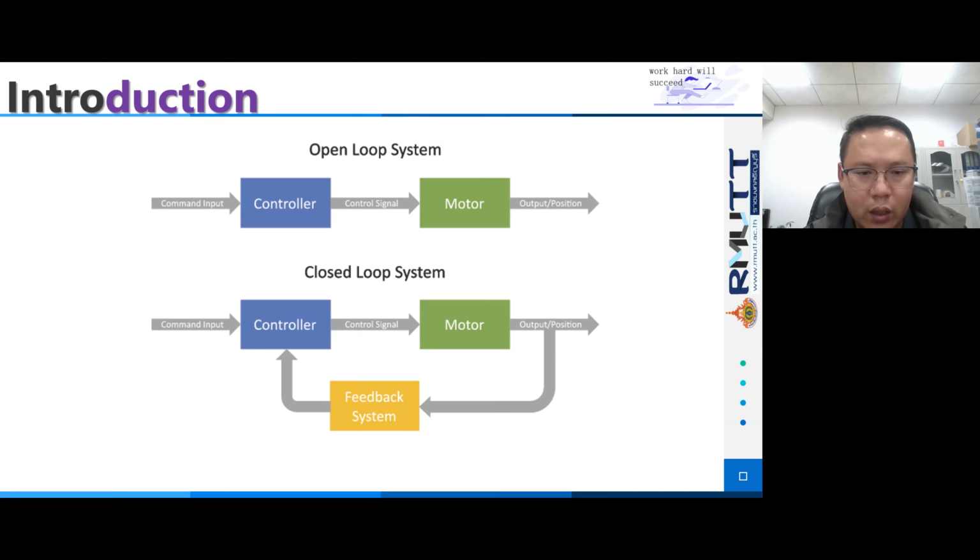Unlike an open-loop control system, which operates without feedback, a closed-loop system continuously monitors the output and adjusts its input to reduce the difference between the actual output and the desired set point.